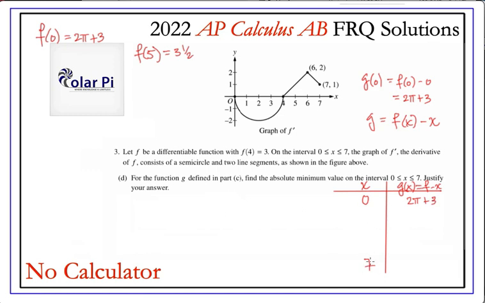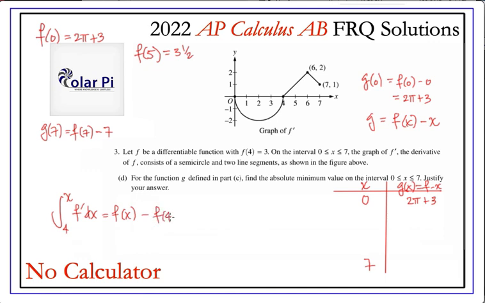Now, let's consider what g of 7 is. g of 7 would have to be f of 7 minus 7, right? But wait, what is f of 7? We don't have f of 7. So here we have to do one more of the things that we did for part A, which is we defined a function from 4 to x of f prime dx, and this gave us f of x minus f of 4.